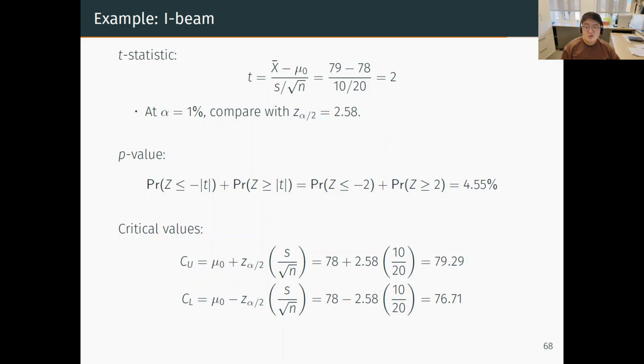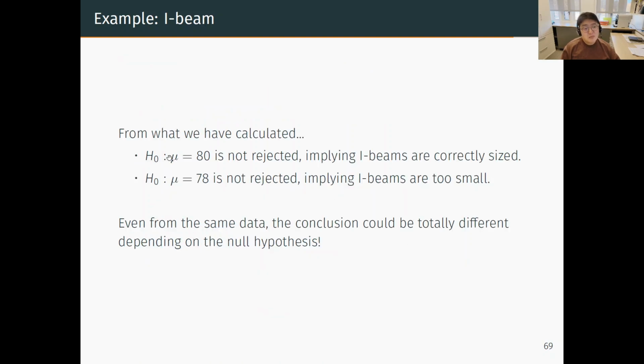But what is weird is, remember, in the original null hypothesis, you could not reject at 1%. That means you conclude that I-beams are correctly sized. The null hypothesis is correct size, and you cannot reject it. So you conclude they are okay. But now, under a new hypothesis, we believe that it's wrong.